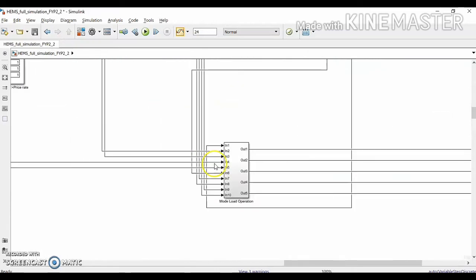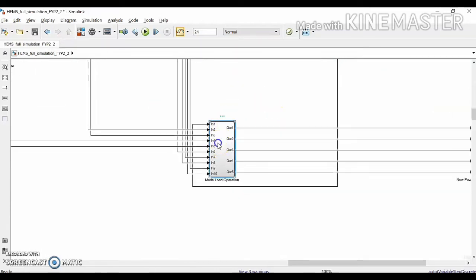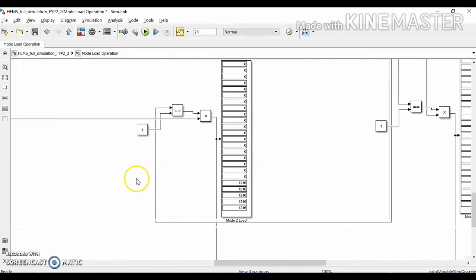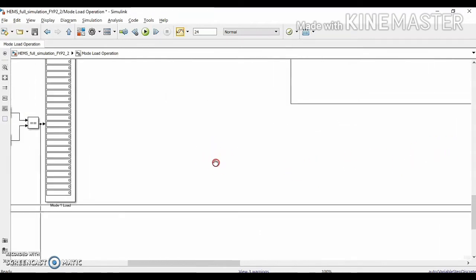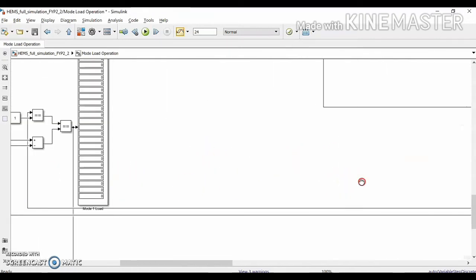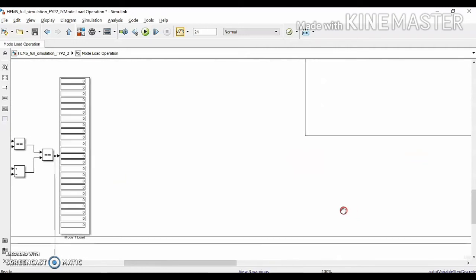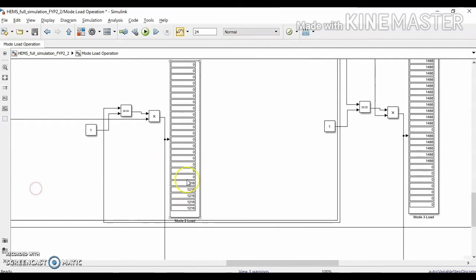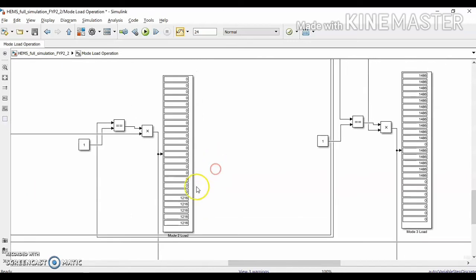So we go to the mode load operations. For mode 1, no load will be shifted. For mode 2, we can see that at night we use mode 2.